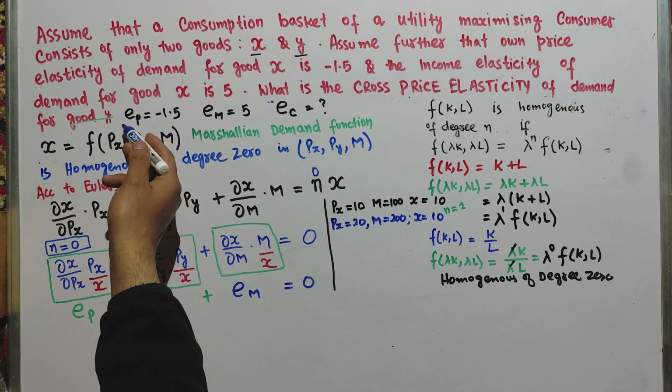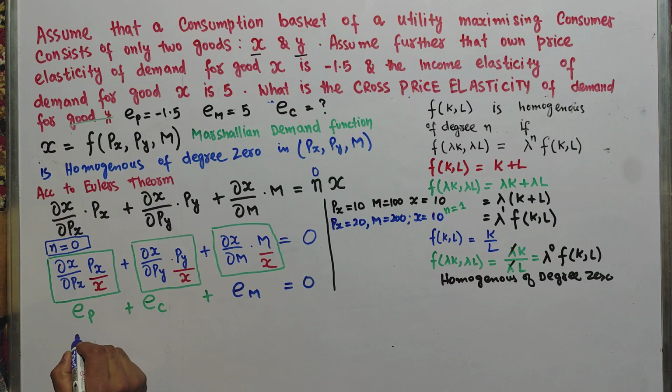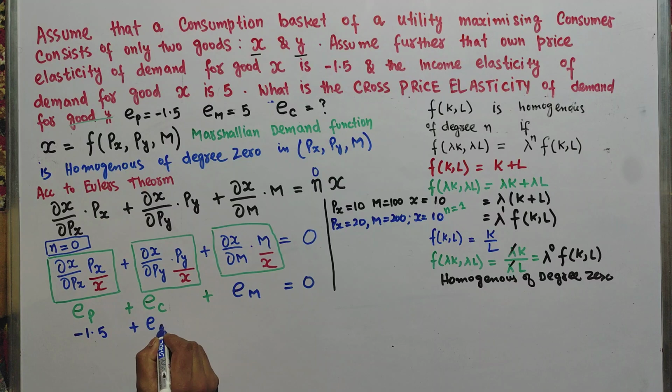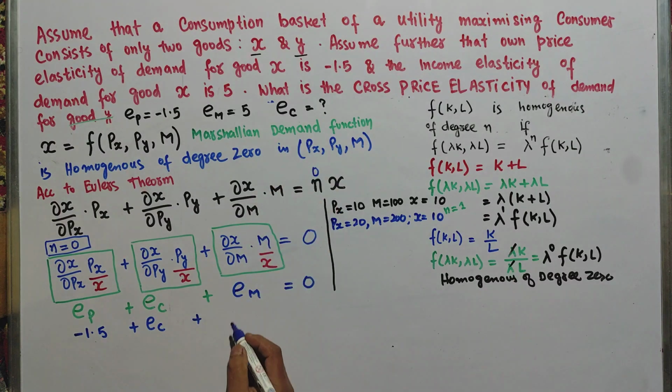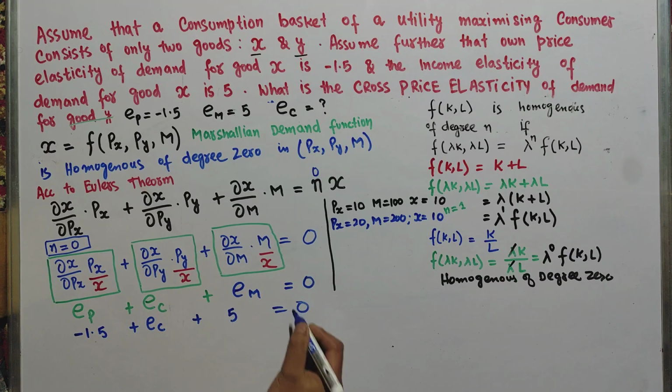Okay, so let's come to the question. So own price elasticity of demand is minus 1.5, plus cross price elasticity, which we need to find out, plus income elasticity of demand, which is given to us as 5. It should be equal to 0.